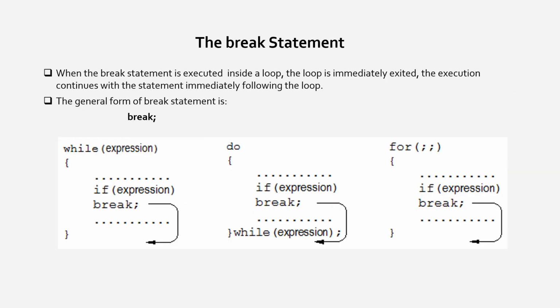Similar to the continue statement, we have another statement. Previously we discussed the continue statement, where we need to skip some code and again repeat the loop. But the break statement is like that, it is to come out of the loop.